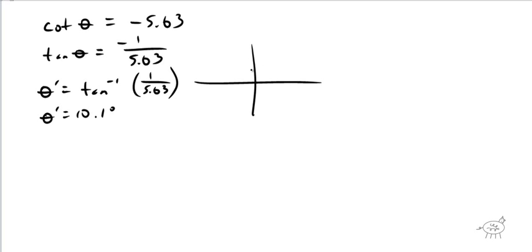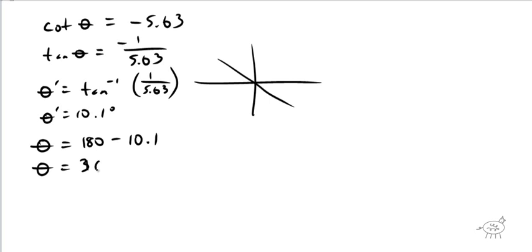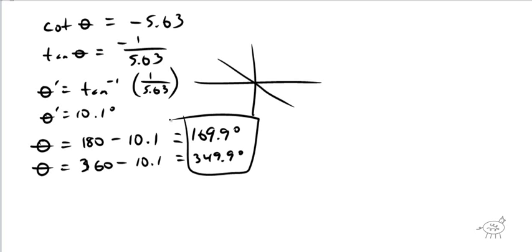It's negative in these two quadrants right here. So we're going to say theta is equal to 180 minus 10.1, and theta is equal to 360 minus 10.1. So your two answers come out to be 169.9 degrees and 349.9 degrees.